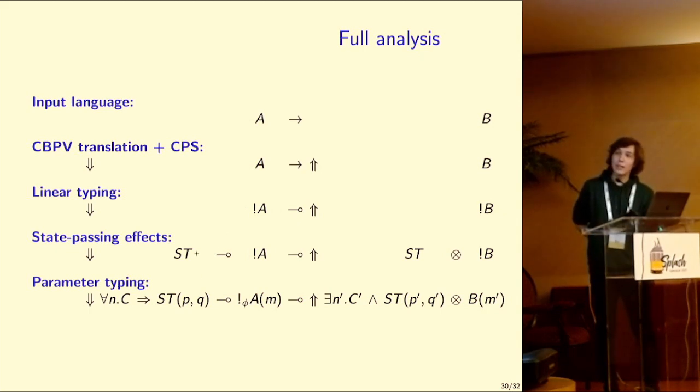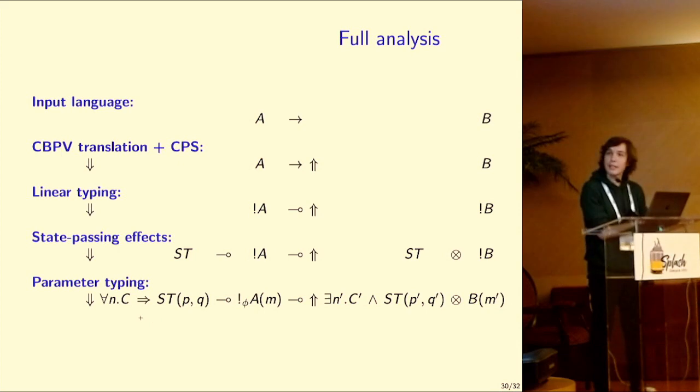Then we add our state token using the effect system, and finally we type with parameters to get something that says a function works for every parameter n that satisfies some constraint C, and then will return some new state defined by some other parameters that satisfy another constraint. The user of the function can choose which parameters go there, and the function will return some parameters as well.